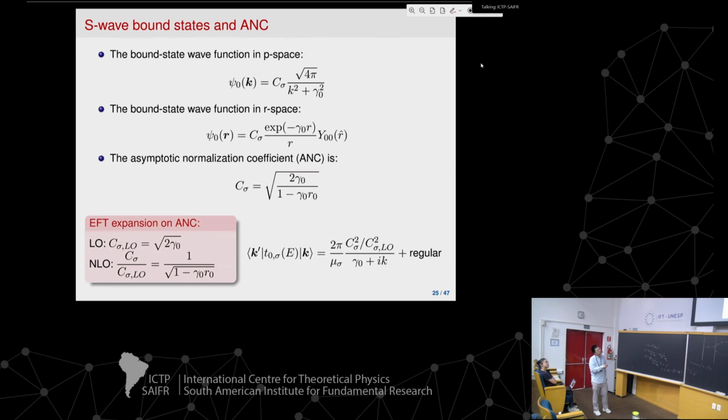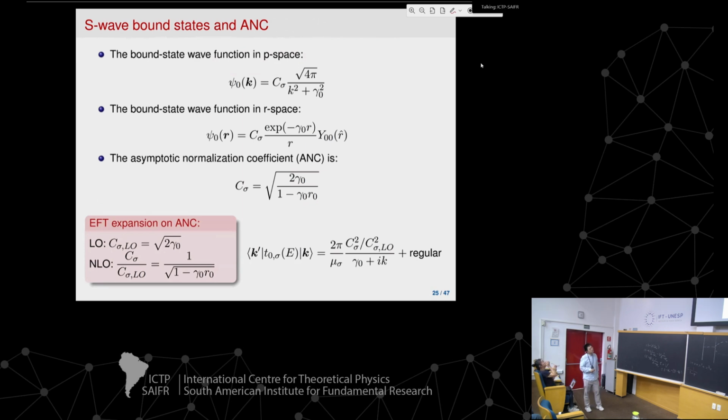So it's related to the square root of 2 gamma 0 over 1 minus gamma 0 R0. At leading order, you can drop these R0 terms, so they will give you the leading order ANC. And at next-to-leading order, you have this correction of 1 over the square root of 1 minus gamma 0 times R0.